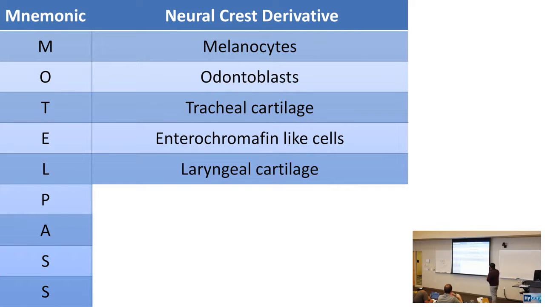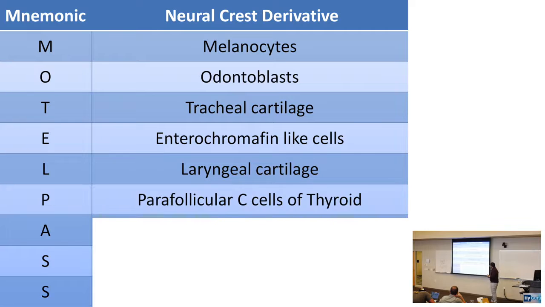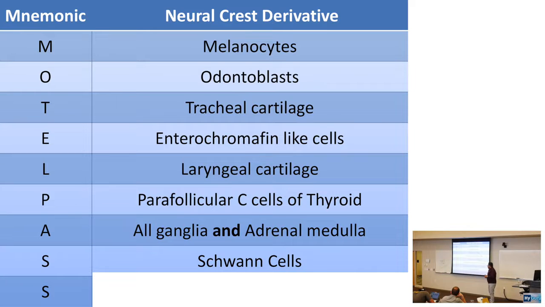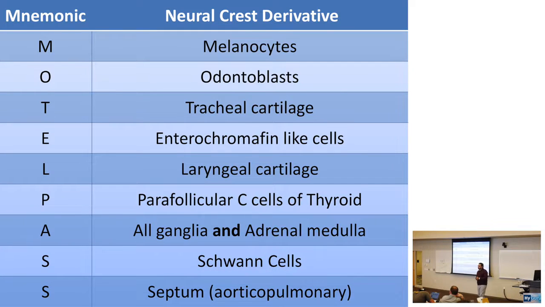L is going to be a derivative, laryngeal cartilage, and the PAS stands for the P being the parafollicular C cells of the thyroid, all ganglia and the adrenal medulla, Schwann cells, and the aorticopulmonary septum, which is going to be messed up in truncus arteriosus. Guys, these are your neural crest derivations. They're right in front of you in your handout. I hope you find value in that.